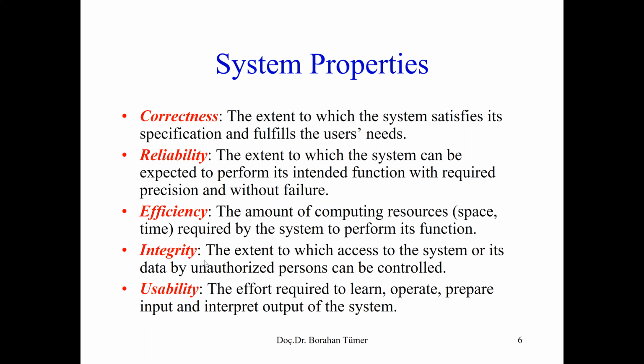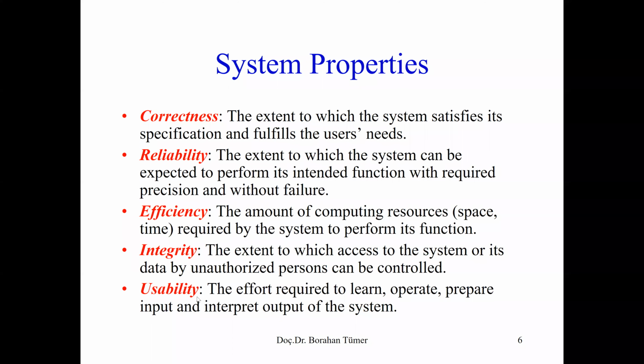Okay, integrity, another system property, is defined as the extent to which access to the system or its data by unauthorized persons can be controlled. Integrity is also part of security. Integrity is related to the security of the software product.